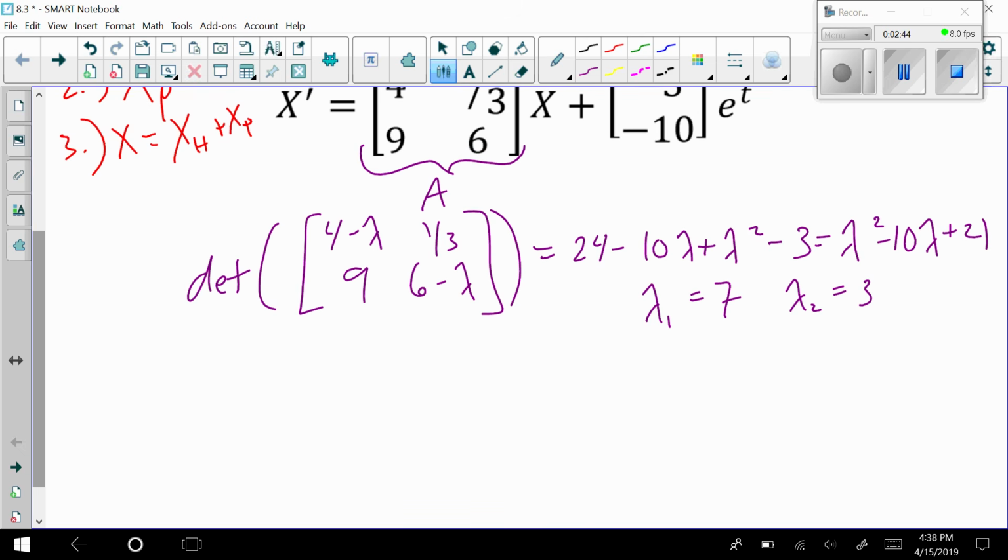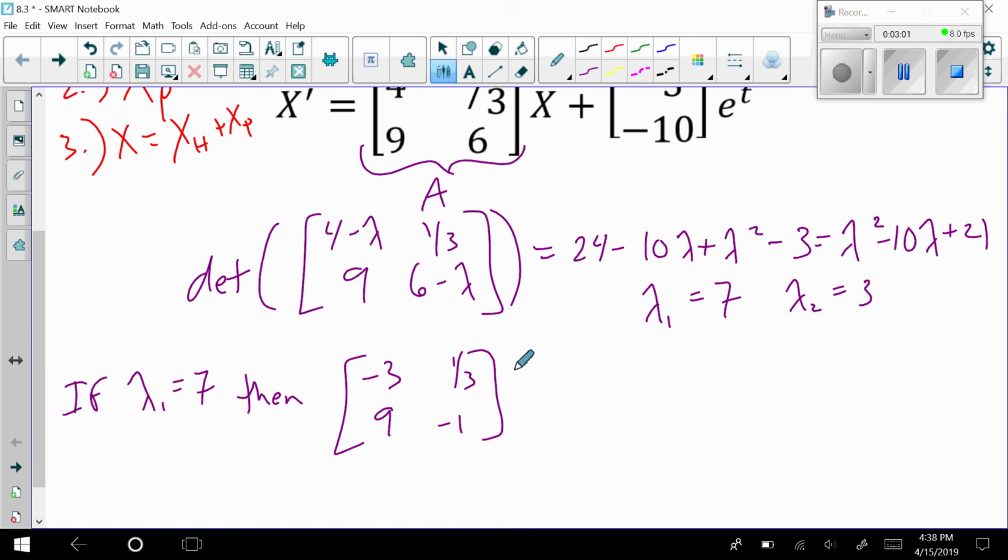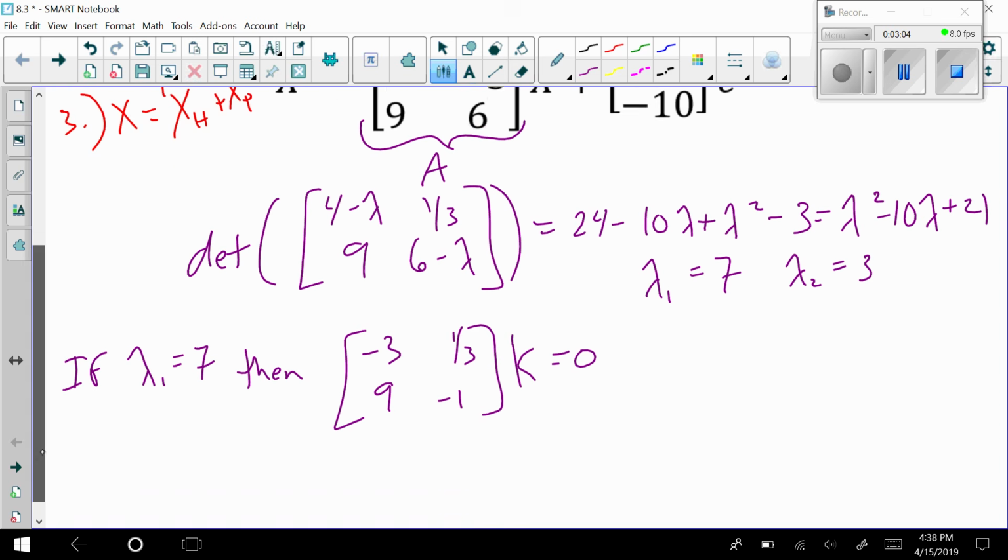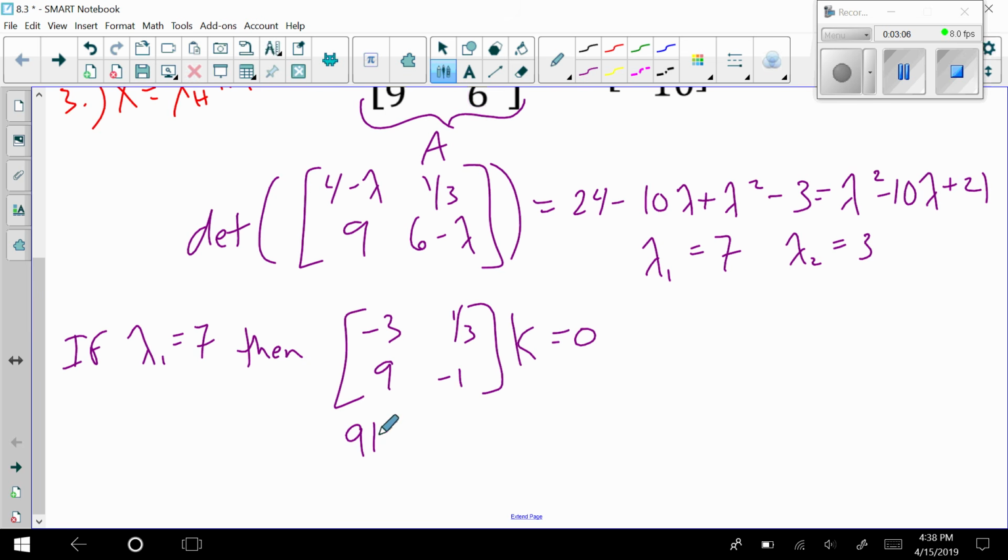So I have these lambdas. If lambda 1 equals 7, and we plug this in, we would have a -3 here, a 1/3, a 9 still, and then a -1 times some big K equals 0, which creates 9k sub 1 minus k sub 2 equals 0, which means 9k sub 1 equals k sub 2.